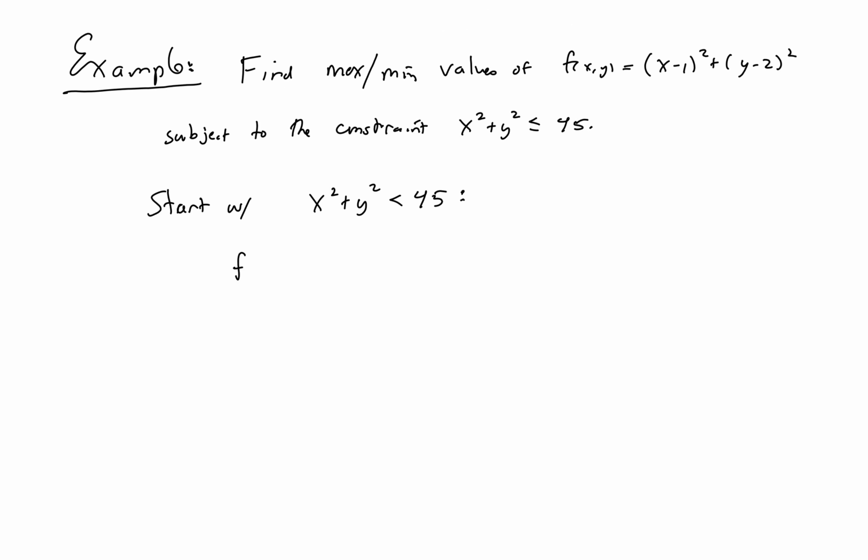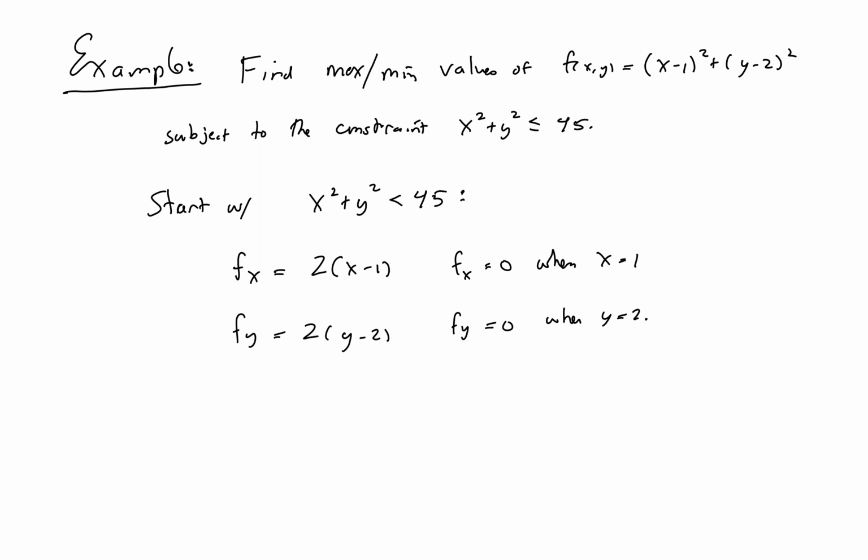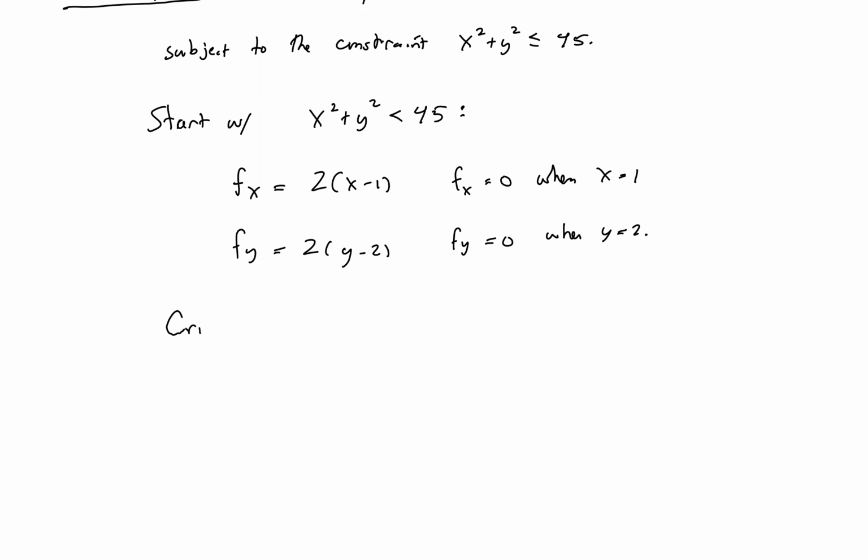So f_x is 2 times (x minus 1), and f_y is 2 times (y minus 2). So this is equal to 0 when x is equal to 1, and this is equal to 0 when y is equal to 2. So our only critical point in this region is (1, 2).